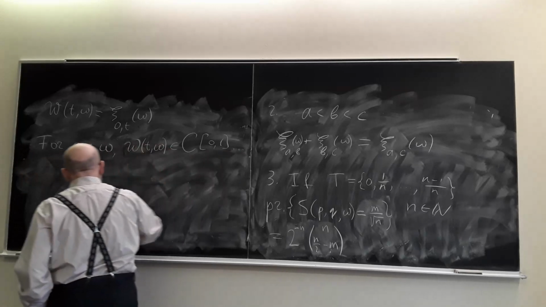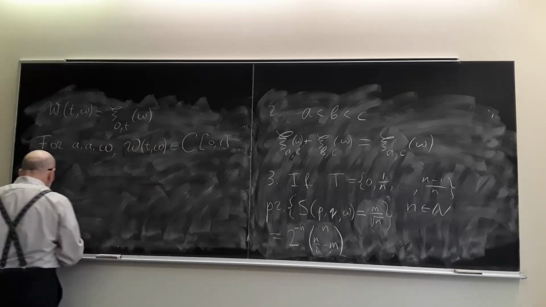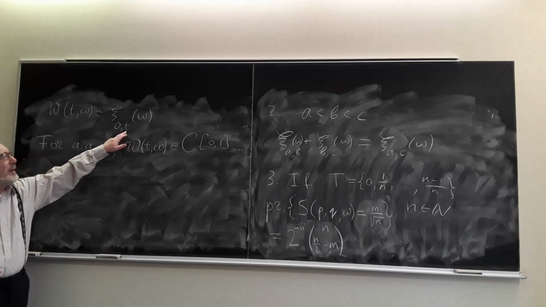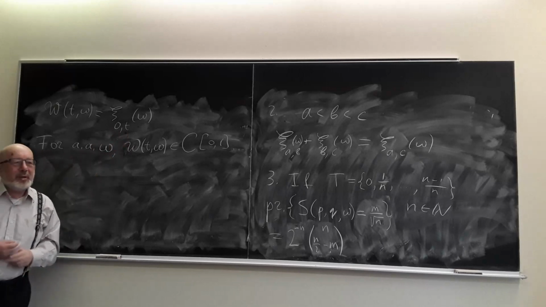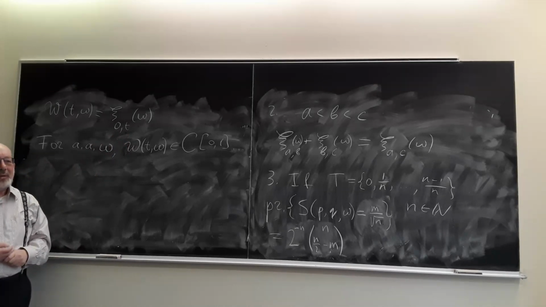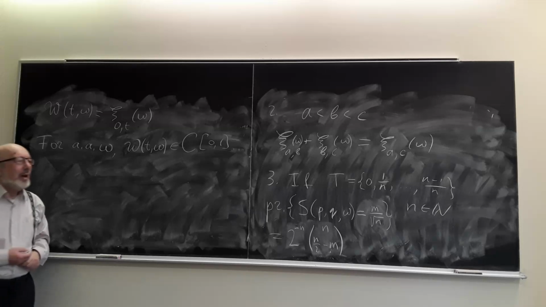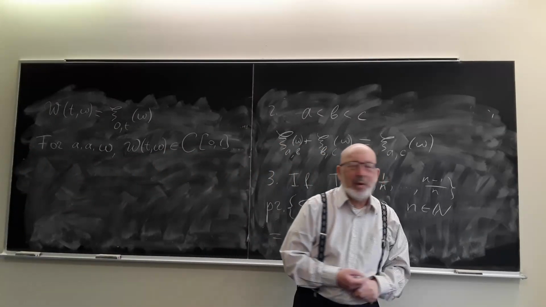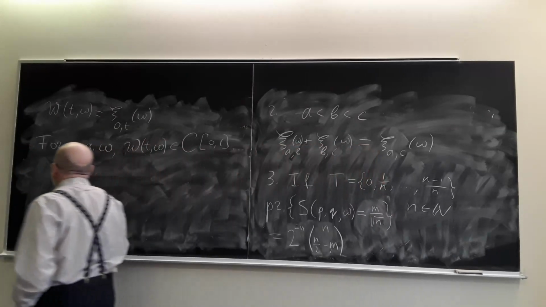The proof is: we already know that for rational t, this is a Gaussian random variable. Okay, how is it done?